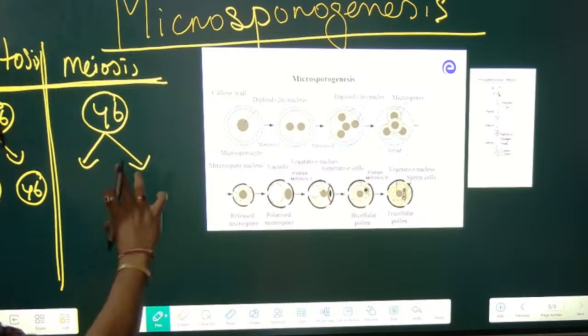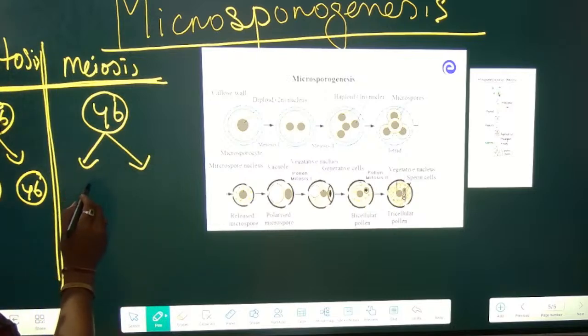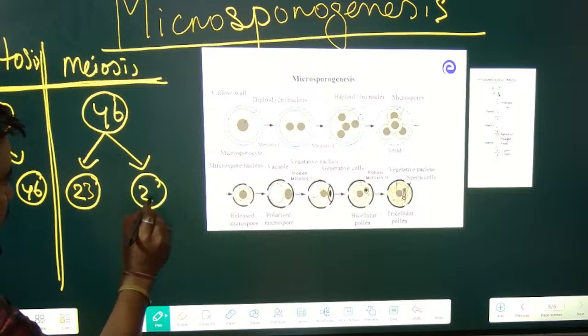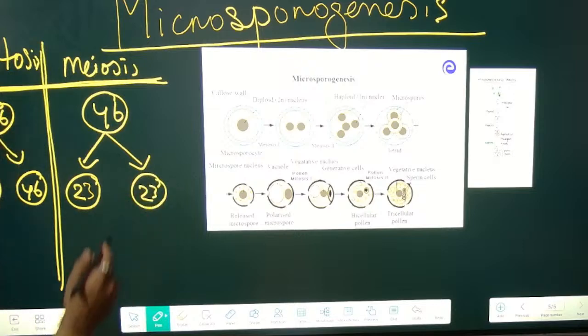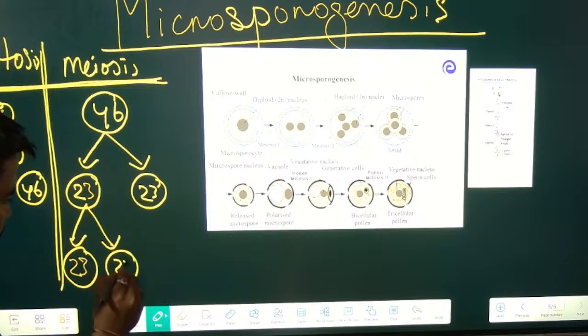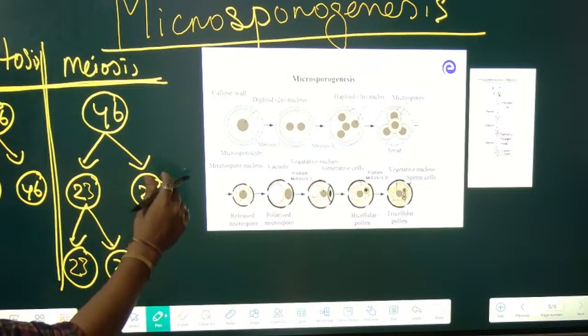Meiosis takes place in two steps. First of all, remember them. In the first step, the number of chromosomes is reduced or becomes half. This is the first step. And in the second step, the number of chromosomes will remain the same, in reference to the first step.